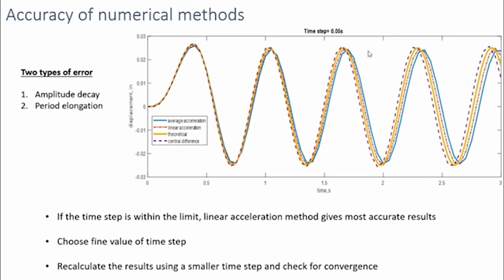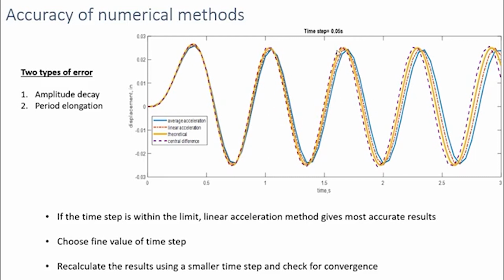When the location of the peaks changes, that can lead to period elongation. So the period of the numerical response will be slightly longer than that of the theoretical response. In effect, this numerical response will have some kind of numerical damping. The effect due to the numerical approximation is the same as having some type of damping. The amplitude gets decayed and the period gets elongated.